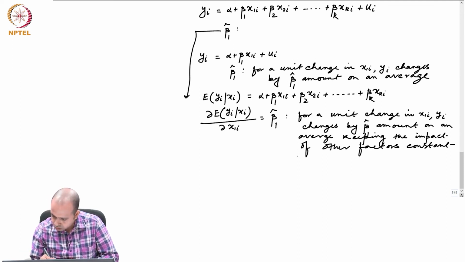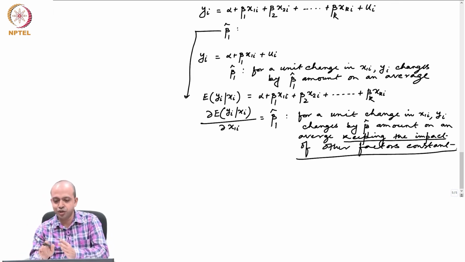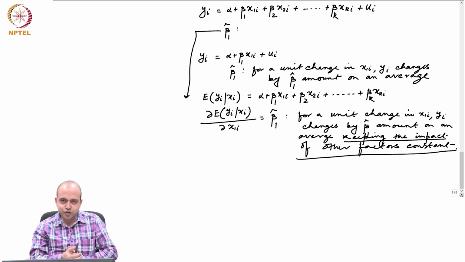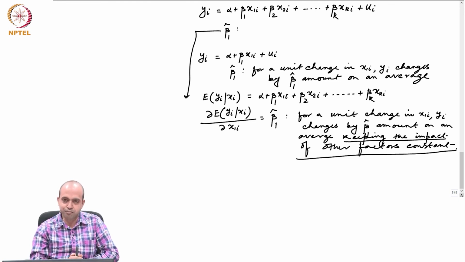This is the additional thing we need to add in the context of a multiple linear regression model for the interpretation of beta 1 hat.